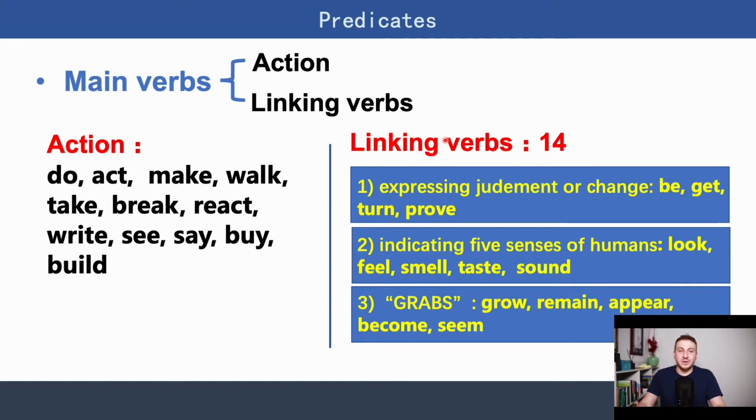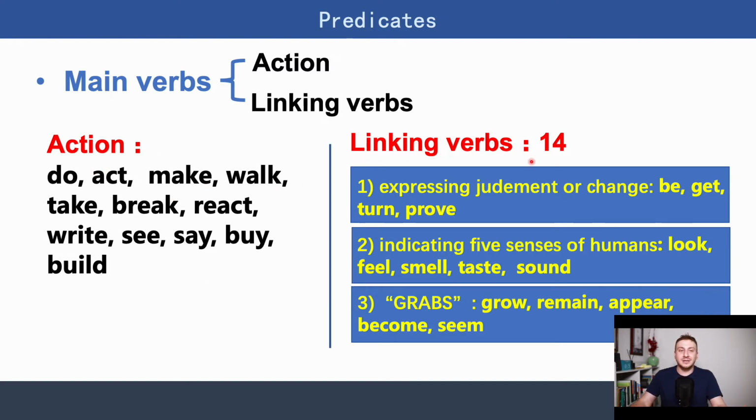So there is no movement from one place to another. Like if we use the verb go, for example, an action verb, we can say Zach went to the supermarket. Now there is a movement here, right? There is some kind of action. For that reason, they're called action verbs.